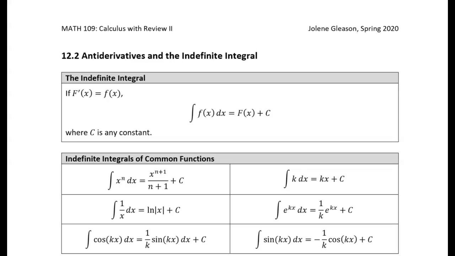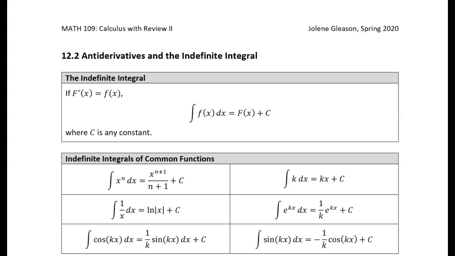And the symbol that we use for the antiderivative looks a lot like the integral symbol, right? You can see this is basically our integral symbol, the summa, only it doesn't have limits of integration. There's no a to b, right? It's not a definite integral, so we call it an indefinite integral.